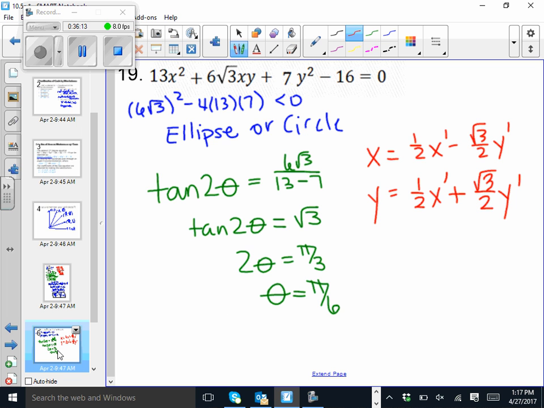The cosine of pi over 6 would be negative cosine of pi over 6. So would that change your answer? Probably.